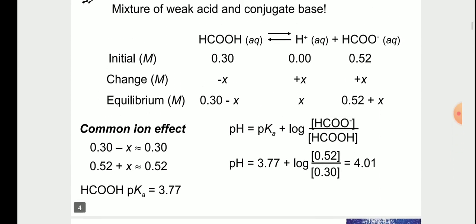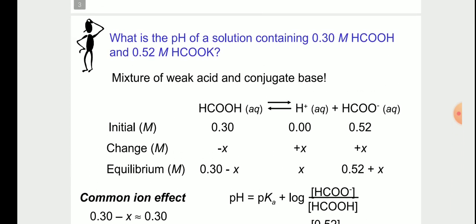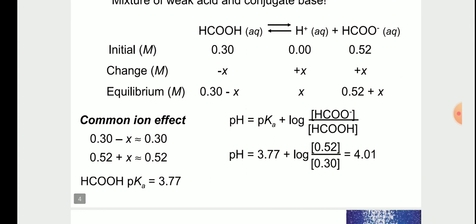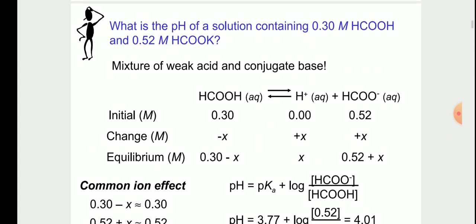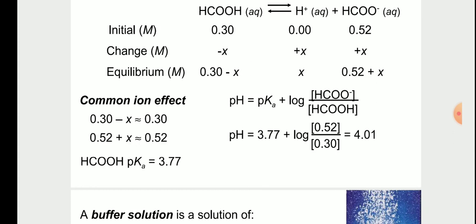Then the concentration of potassium acetate is 0.52 molar, and 0.30 is the concentration of the acetic acid. Then we get the pH of this buffer solution as 4.01.